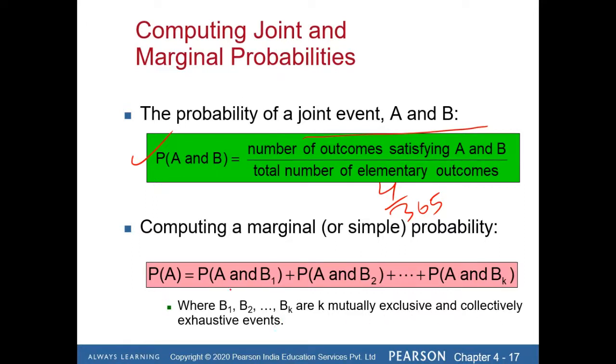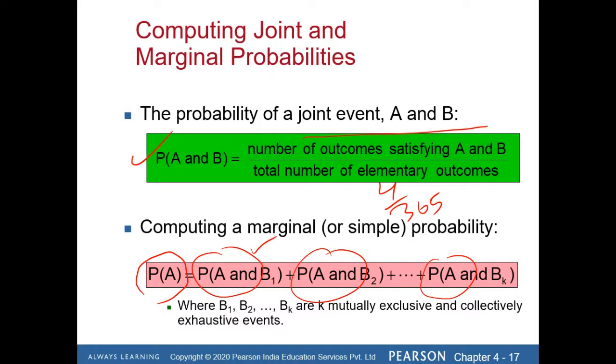So for all 7 days, January Wednesday, January Monday, January Tuesday, and so on, you add the joint events and you will get the total probability of January. So this is called computing the marginal or simple probability using the joint probability.